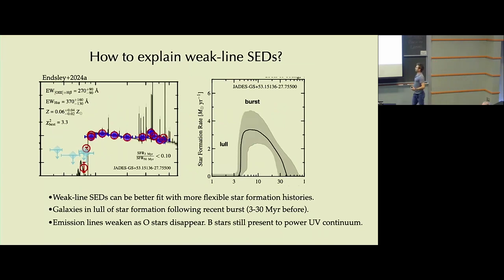What that does is it makes the emission lines weaken because the O stars have started to disappear, but there are still late O stars and B stars to power this young continuum SED. So these kinds of objects are potentially a signature of a population that went through a burst, say 10 million years ago, but now is in that mini-quenched or star formation rate lull phase.